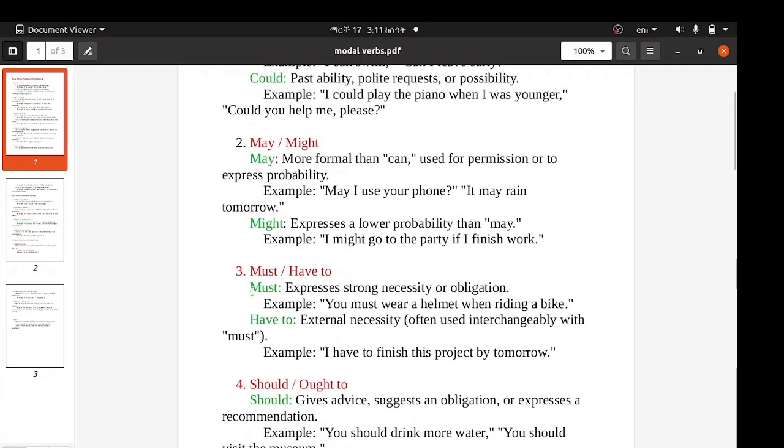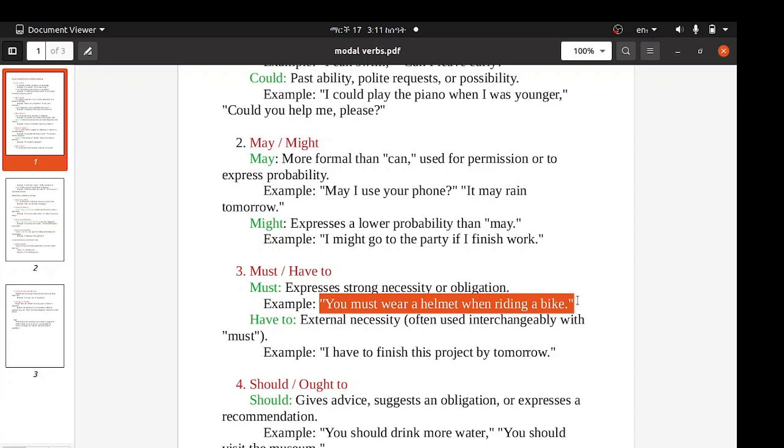The next one is must and have to. Must expresses a strong necessity or obligation. For example, you must wear a helmet when riding a bike.